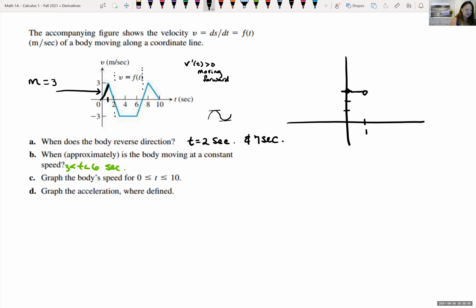So now let's look at the next piece of our graph. That next piece of the graph, that's a line, right? It's decreasing from t=1 to t=3. And if I think of this as rise over run, well, I'm falling 6 and I'm running over 2.